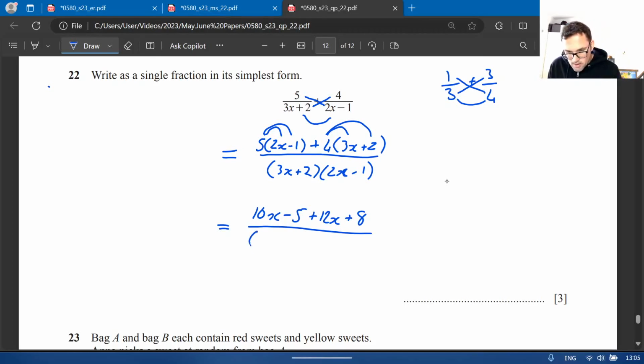Below the line, stuff is still the same. Simplify. We've got the 10x and the 12x. We can add them together. So that's 22x. The minus 5 plus 8. That minus is with the 5, so it's like 8 minus 5, which is a positive 3.